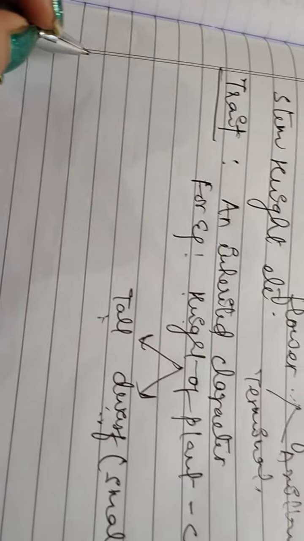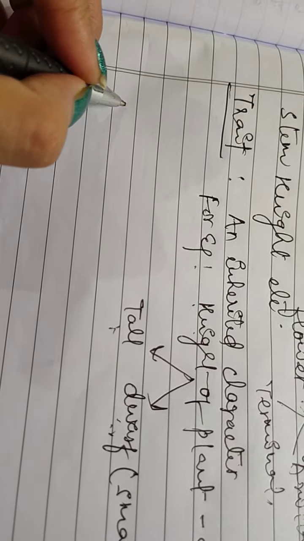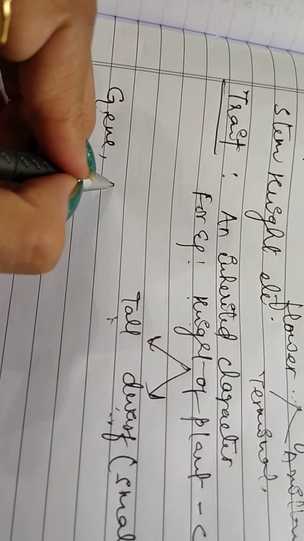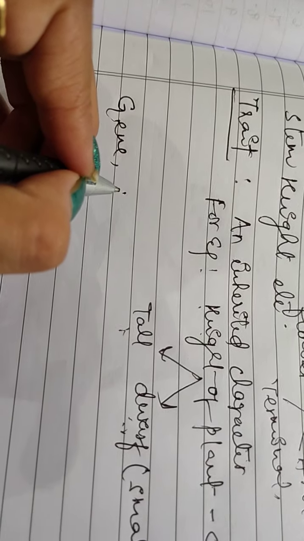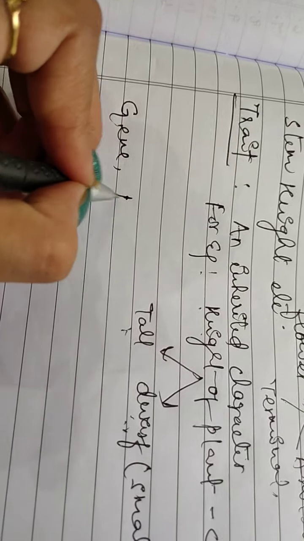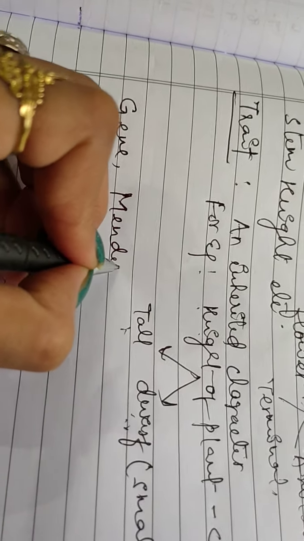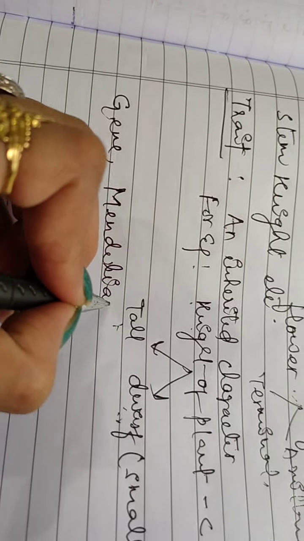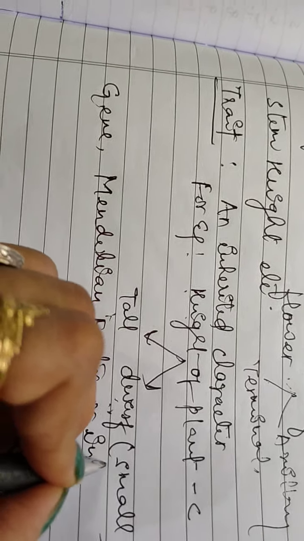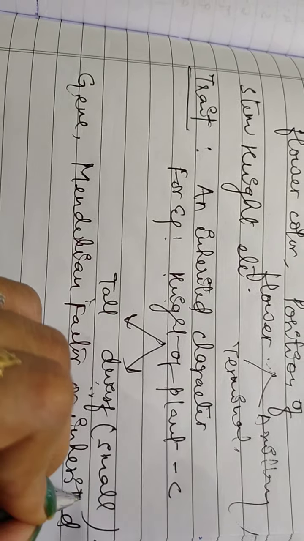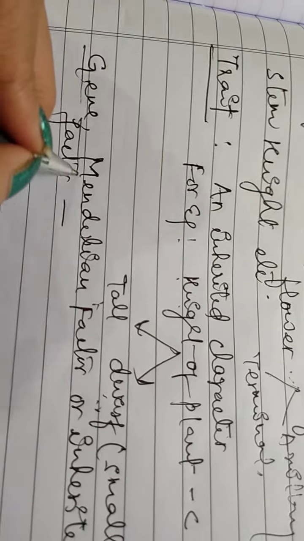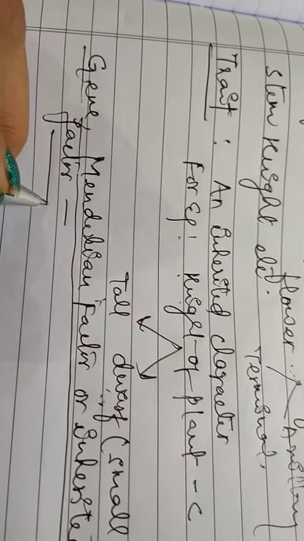Then there are so many terms like gene. At the time of Mendel there was no concept of gene. It was known as Mendelian factor or inherited factor. So what does it mean?